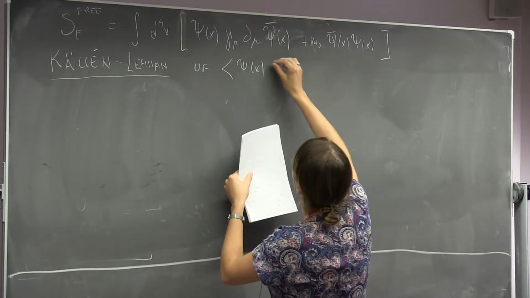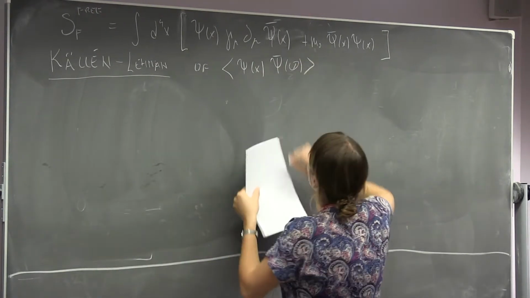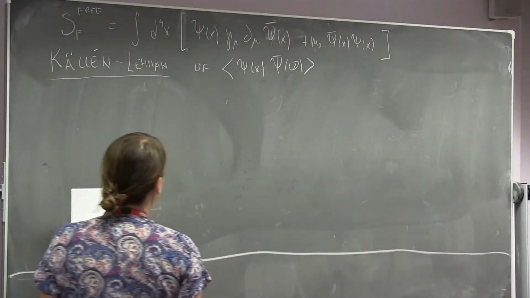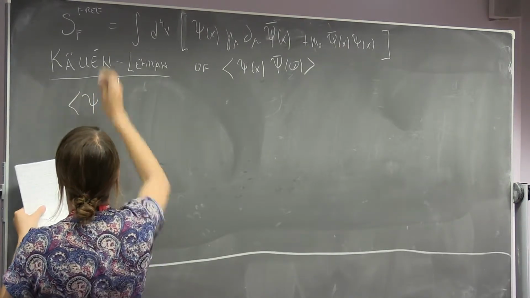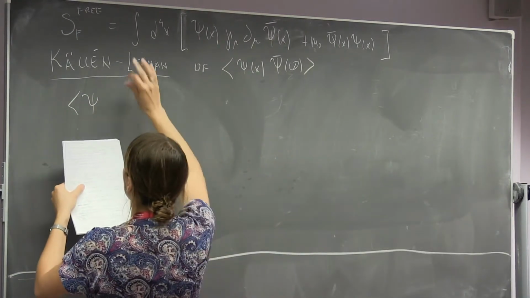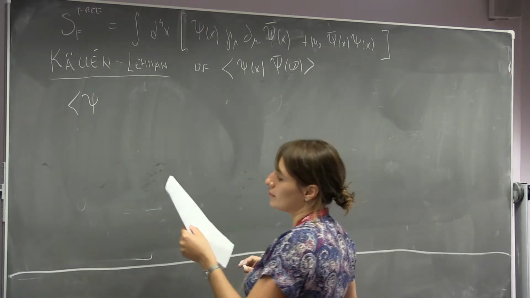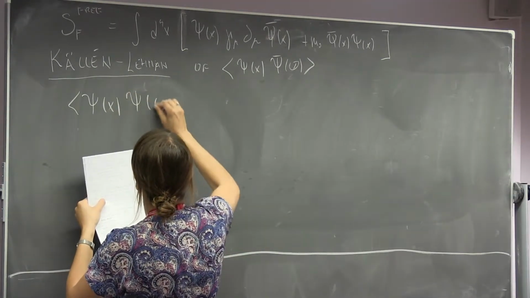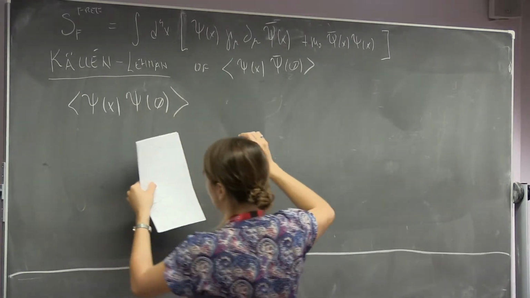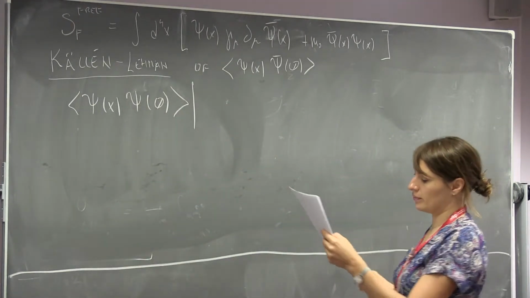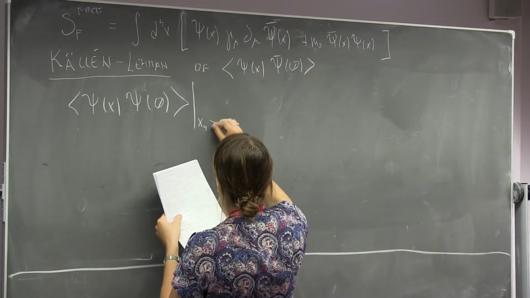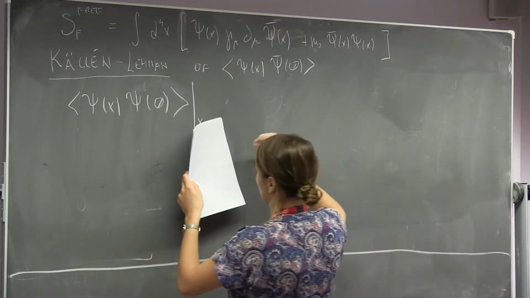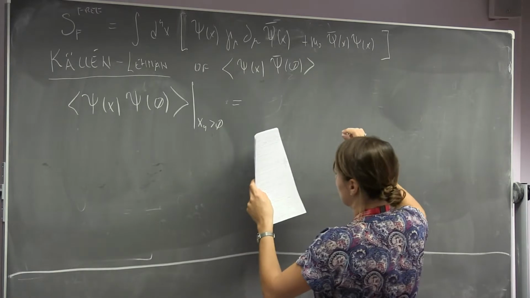So we are looking into the two-point function in the free fermion case in Euclidean space-time, for positive time coordinate.